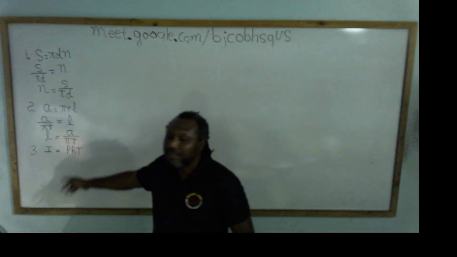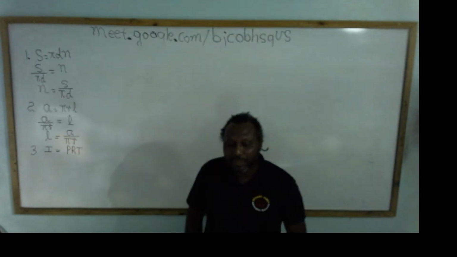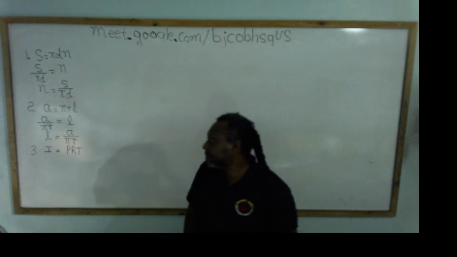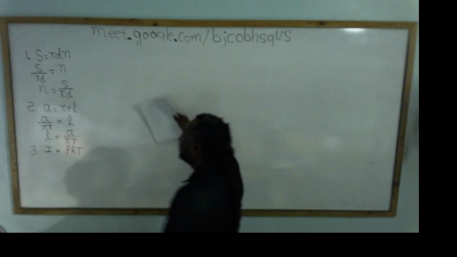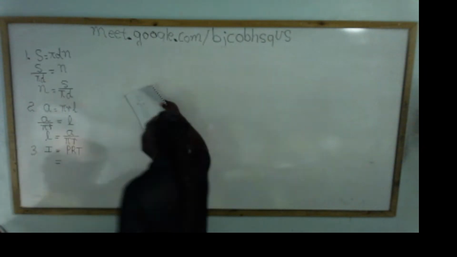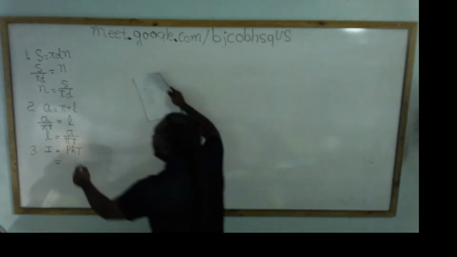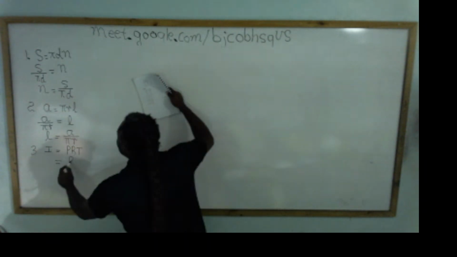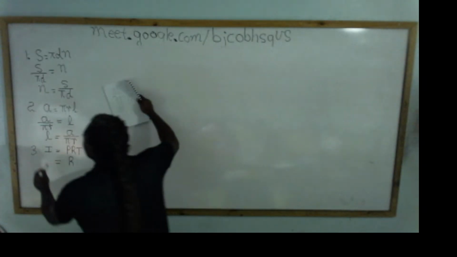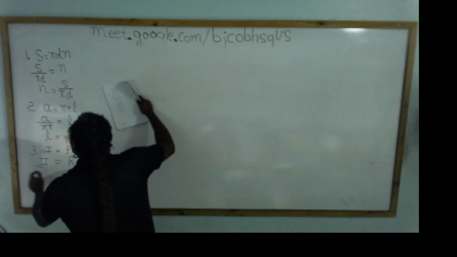Therefore, we will eliminate them by division. So let's go. We will divide both sides by PT. On the right-hand side, the PT will cancel and we have R. On the left-hand side, we have I over PT.